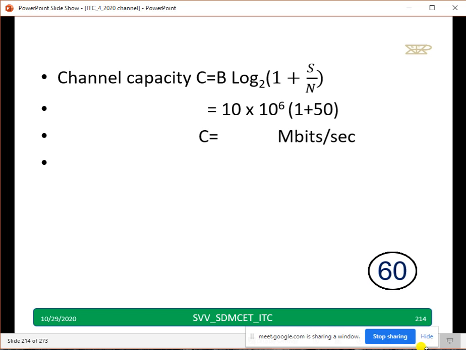Now I have to find out the channel capacity. And 50 you have to fill in: S by N equal to 50. C equal to B log of 1 plus S by N. Simply fill the values and find out C. Take a minute or two and write down the answer.